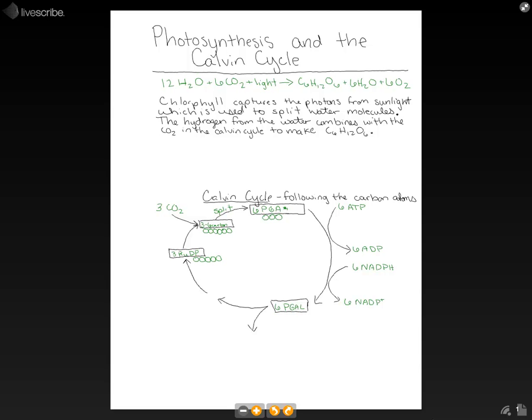Now of the 6 PGAL, and these are 3-carbon compounds still, 1 PGAL is going to go out to the cytoplasm. The other PGALs are going to rearrange themselves back into the 3 RuBP that we started with, because we would have 5 3-carbon compounds.